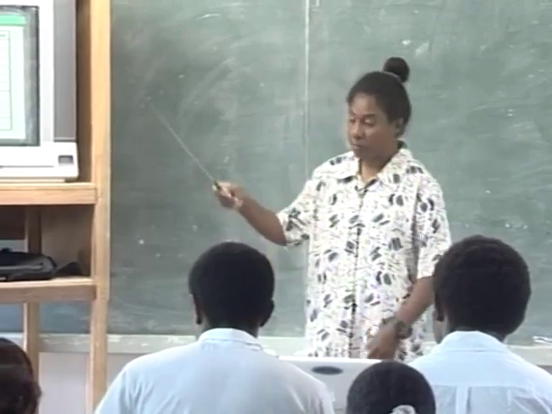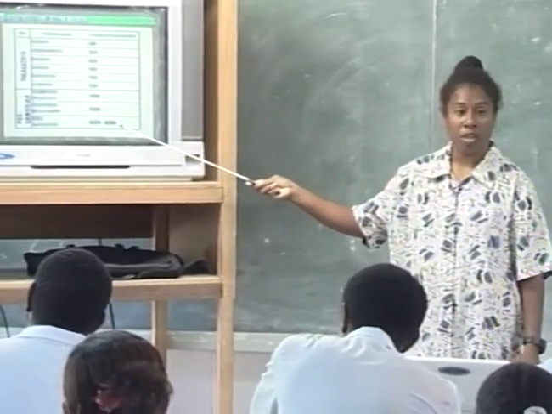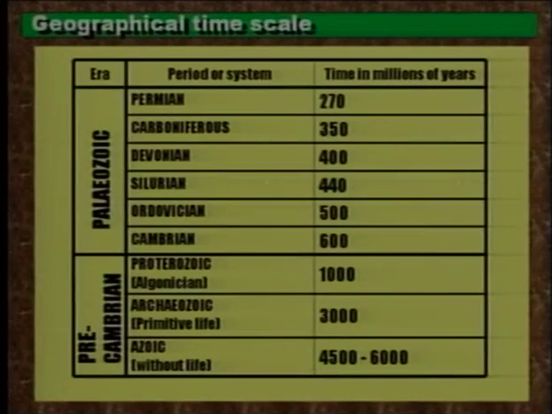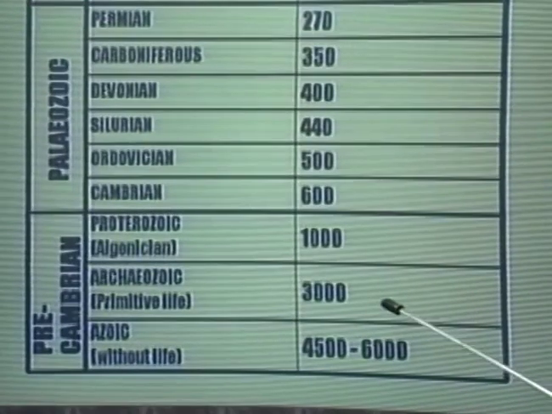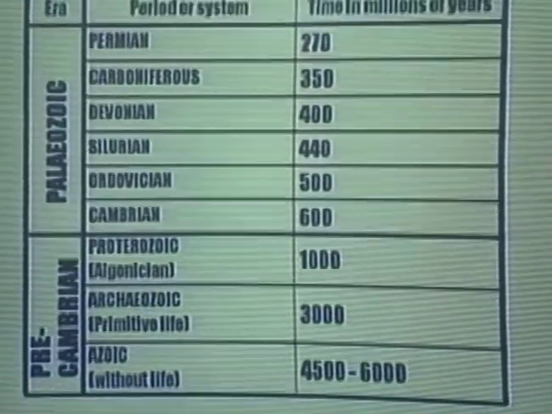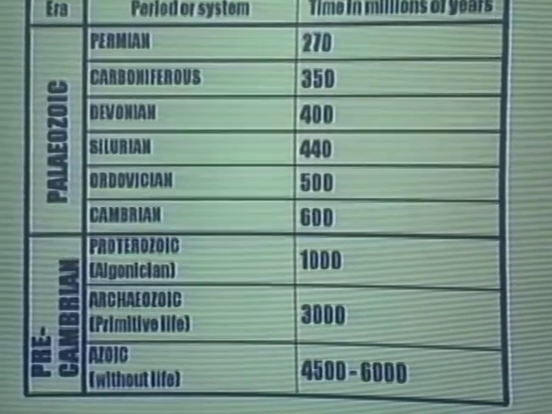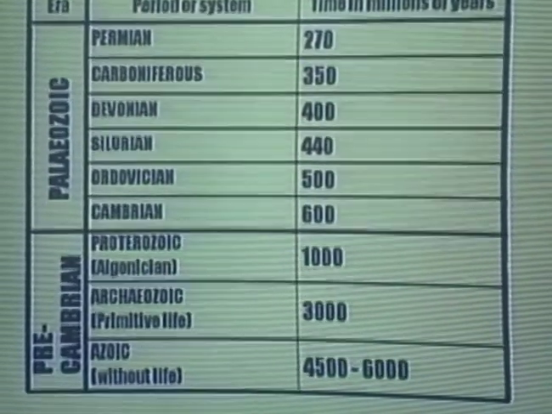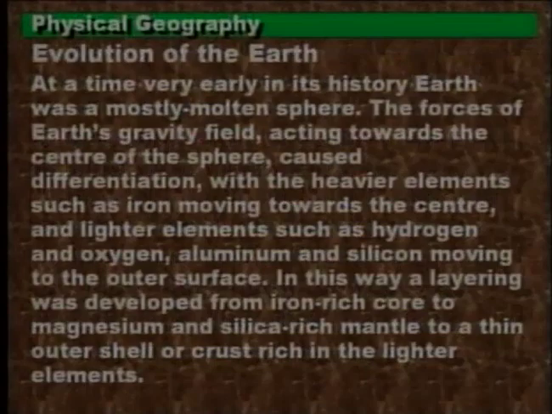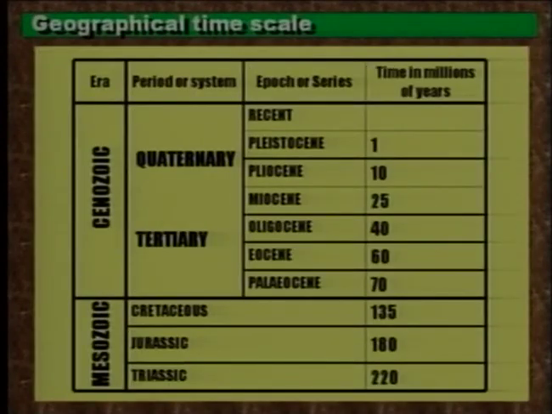Okay, so we'll start from when the Earth was actually formed, which we just read and found out would be about 4,000 to 6,000 million years ago. Some of the things that we've looked at would be things like dinosaurs. Dinosaurs would come in together with the period or system which we could say is Jurassic. You've heard about the Jurassic period?